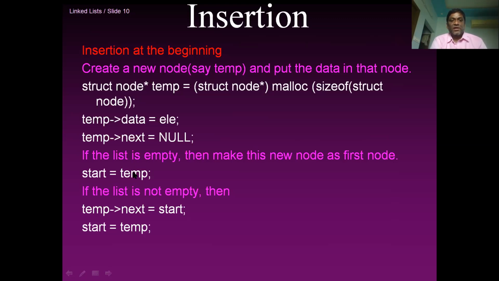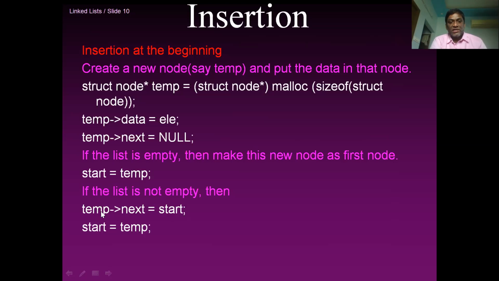Otherwise, if the list is not empty, then what you need to do is, temp next, which is actually initially null, make the temp next point to start. What is the start? Because the list is not empty, there are some nodes. So the start is pointing to the first node.